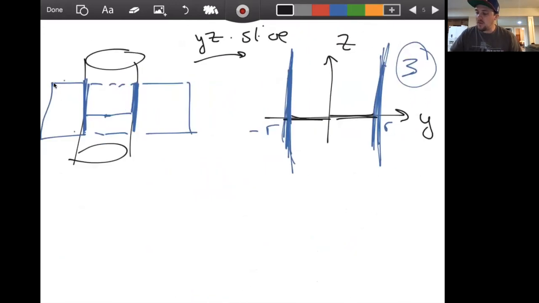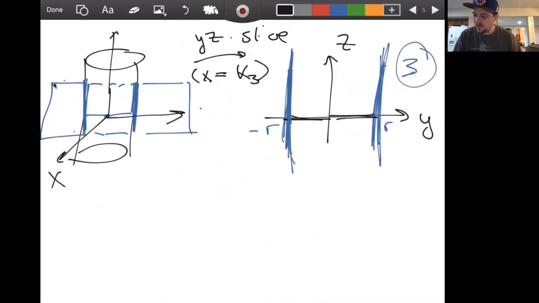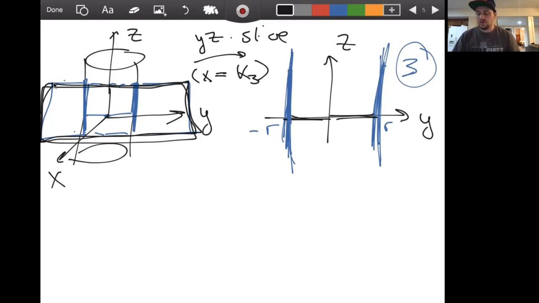If you take a YZ slice, you're looking at a plane given by X equals a constant, maybe K3, right? Because if we draw a coordinate system in here, say X, Y, Z, then I want something parallel to this blue plane here, which corresponds with the YZ plane. I'm just making X values bigger or smaller here, and then taking a slice of this plane.